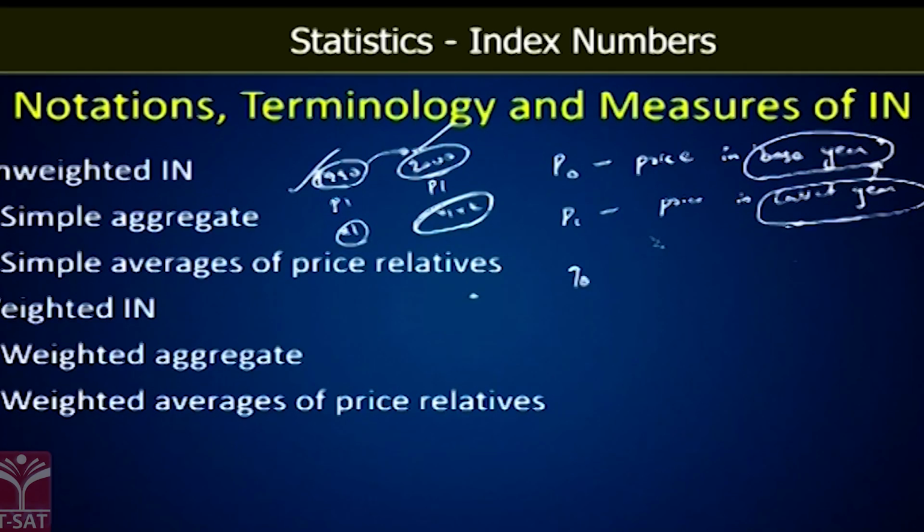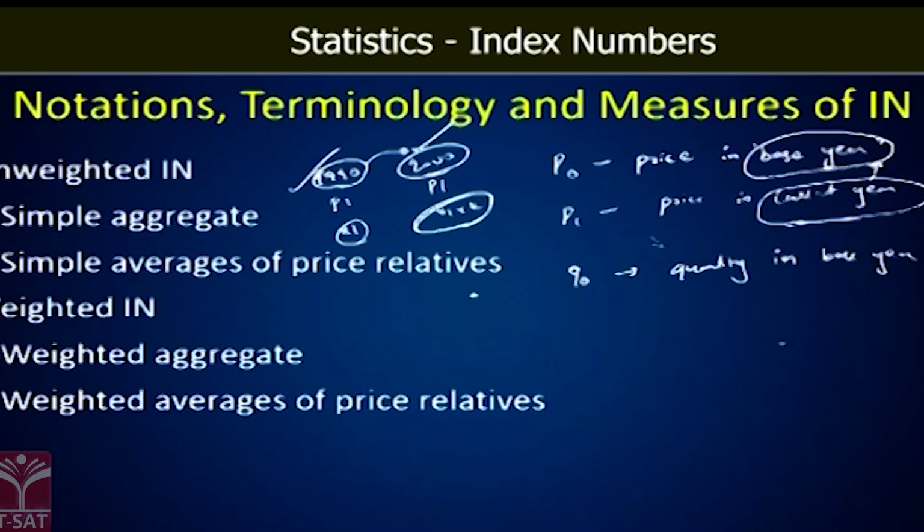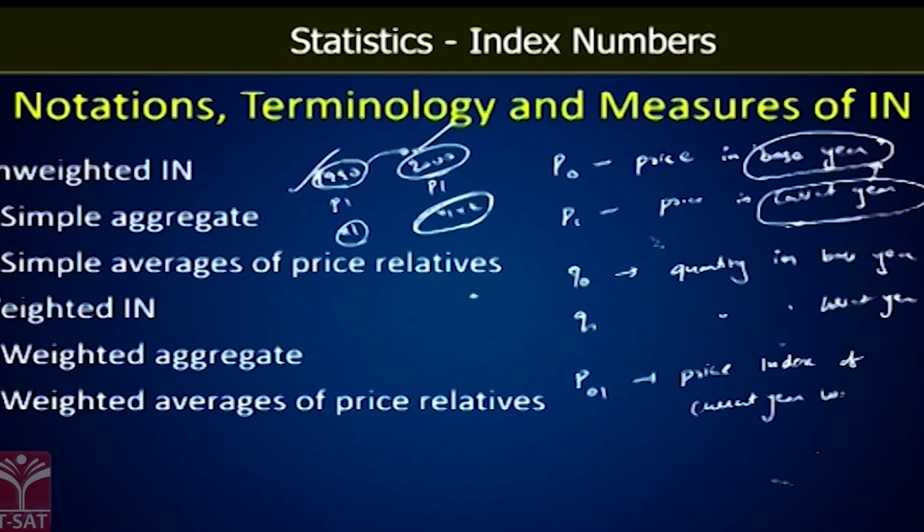In the same way, Q0 is the quantity in the base year, and Q1 is the quantity in the current year. P01 is the price index of the current year with respect to the base year.